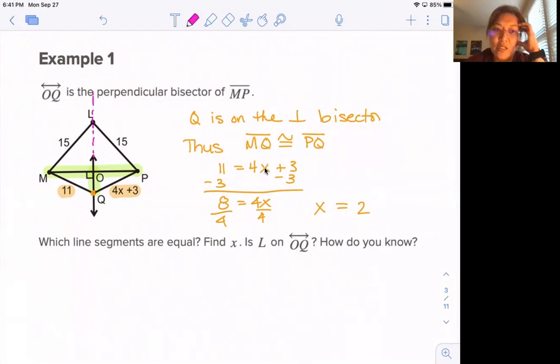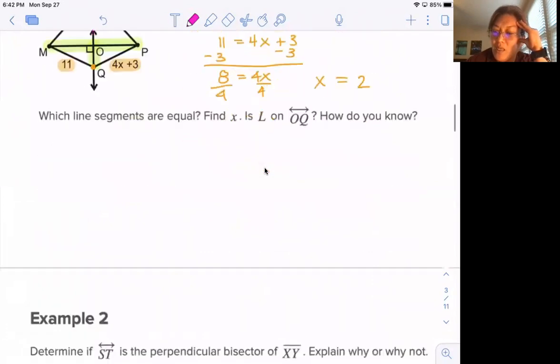We do need to ask ourselves, is it truly on there? It appears that L is on OQ. Part of the reason is because we know that L is equidistant from M and P. So I believe that L is on OQ.